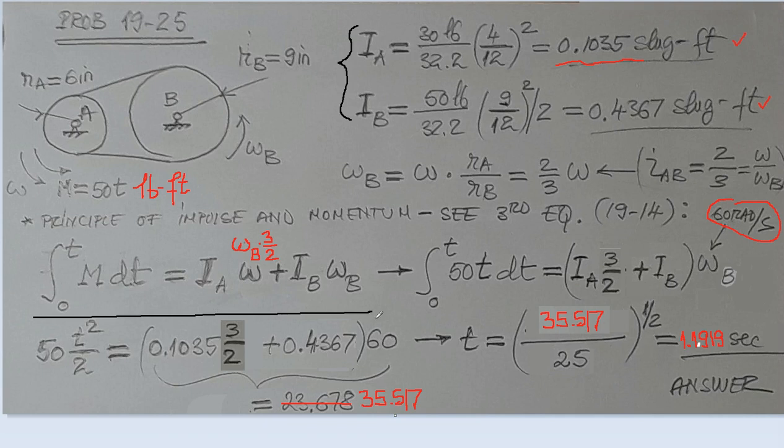So this whole piece here is 35.517, and we are going to divide it by 25. Again, 50 divided by 2 is 25, and then take the square root. So the answer is in 1.1919 seconds, omega b will get to 60 radians per second.